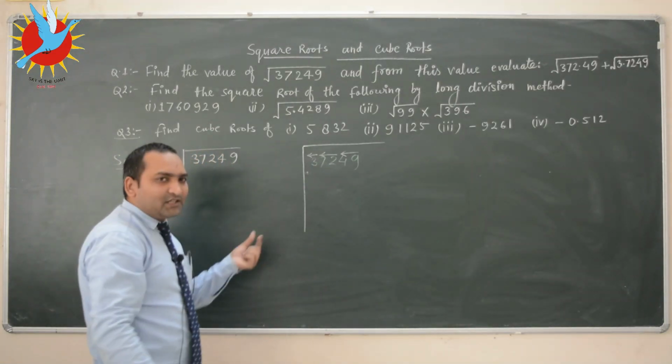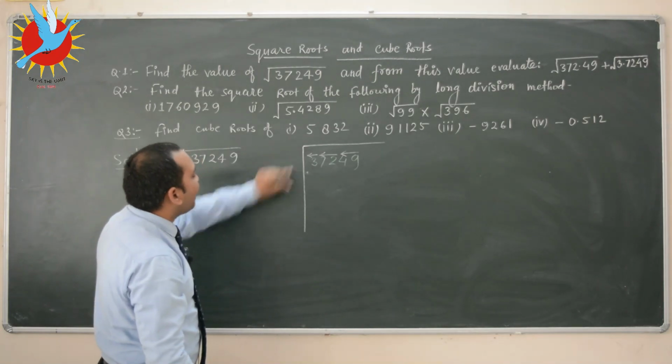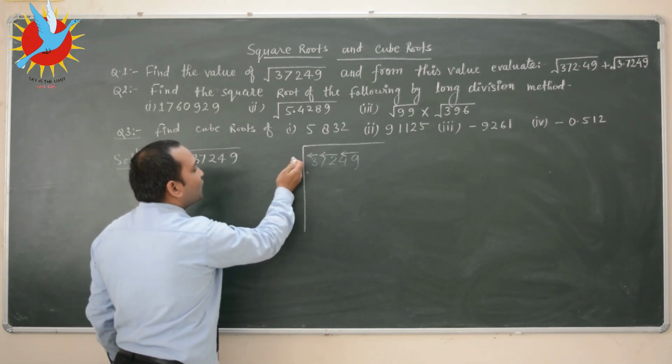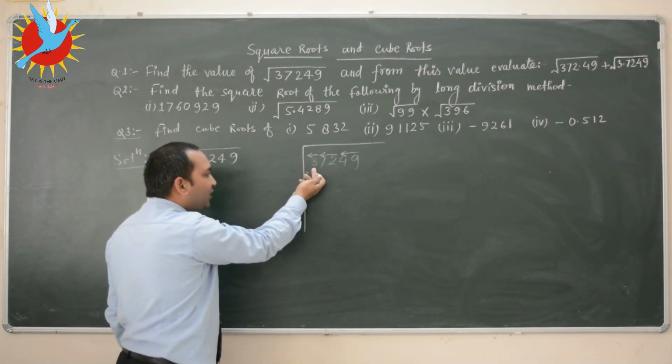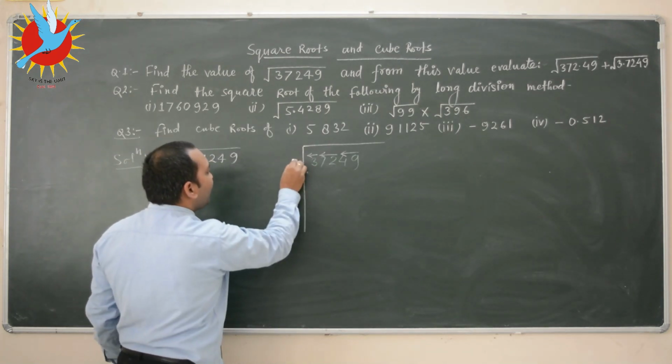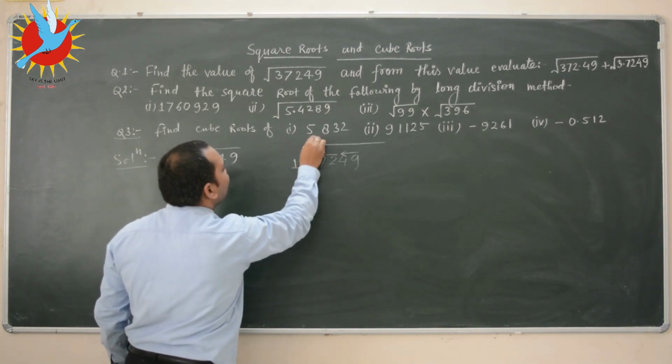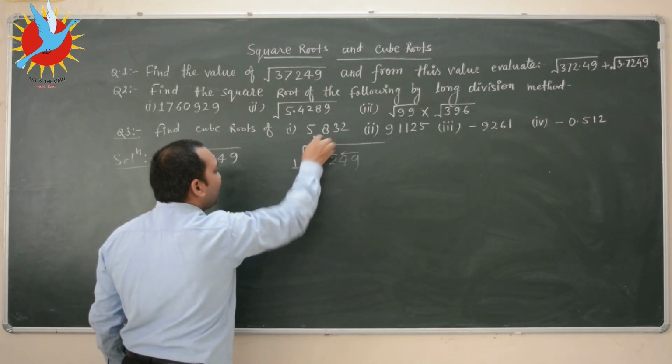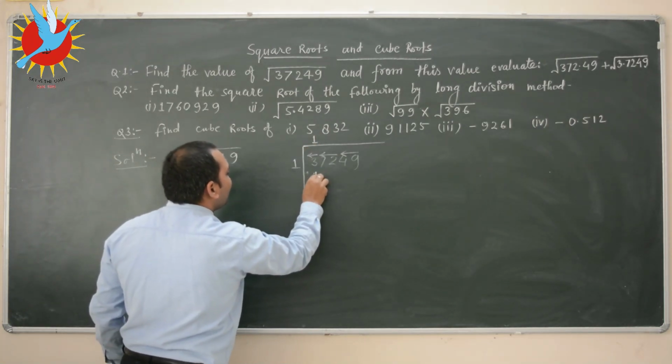In the long division method we think of a number whose square is either equal to 3 or less than 3. We take 1, whose square is 1 into 1, that is 1.